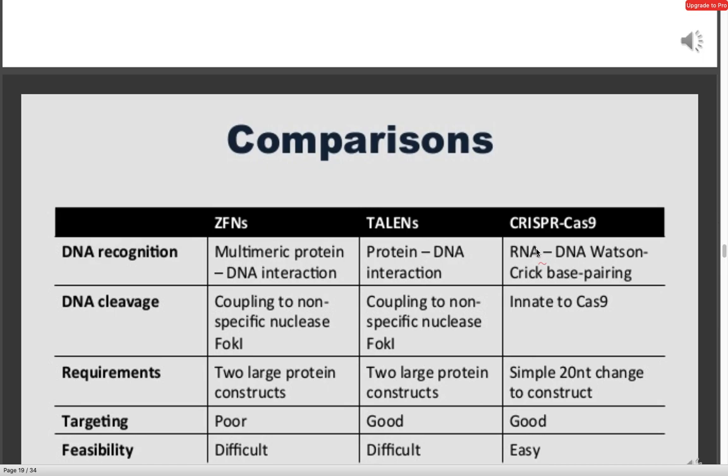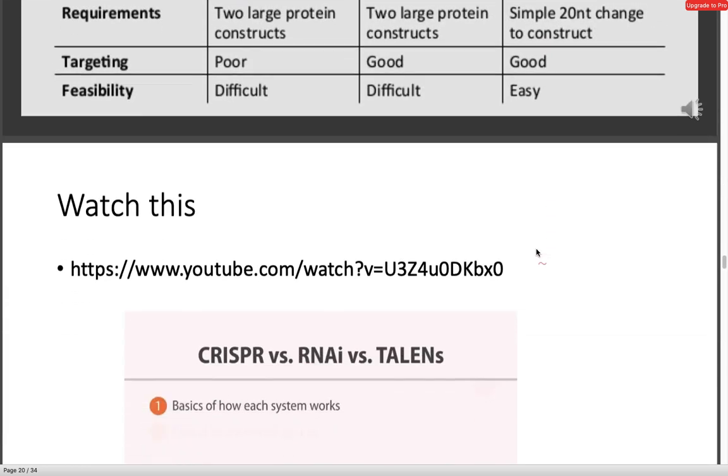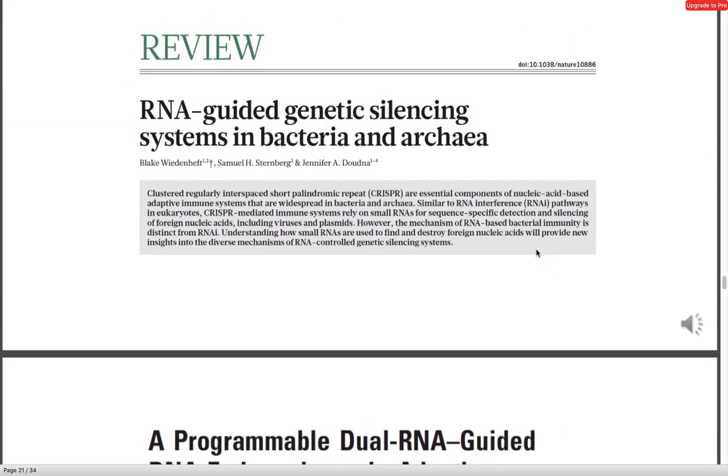And then you can also watch this video. I already found one video that explains the difference between CRISPR, RNAi, and TALENs. Alright? And then these are some review articles for RNA-guided genetic silencing.